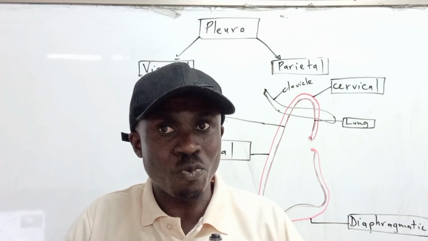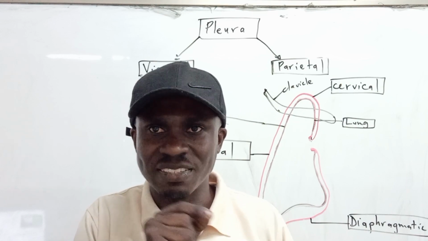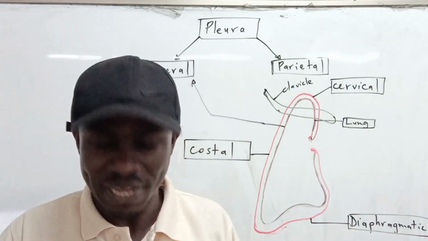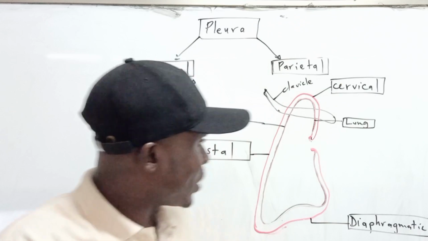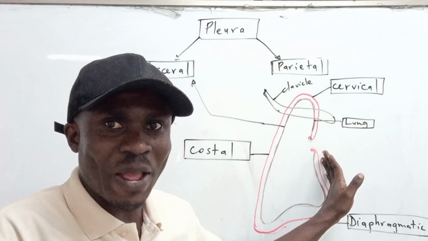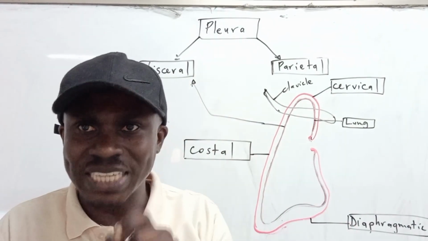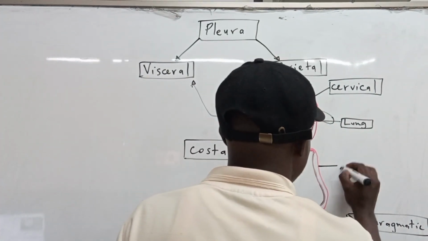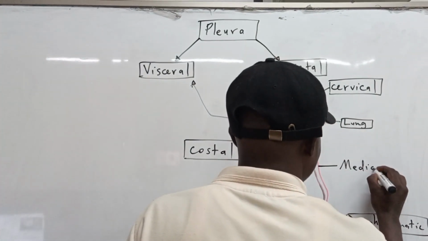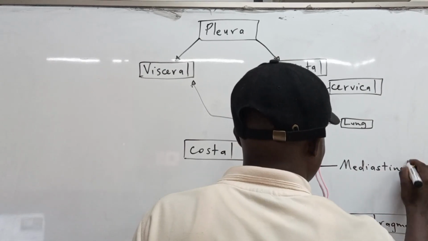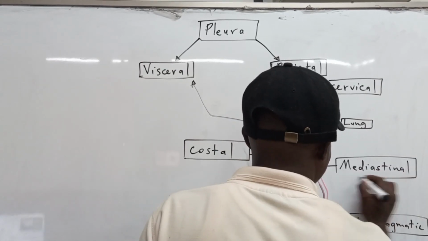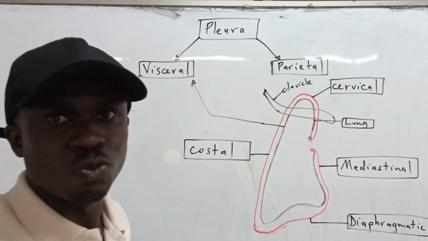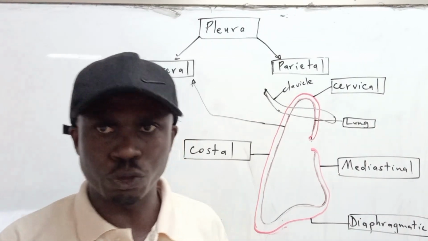We call it midway, and the name is mediastinum. And that is why this region of the pleura, which is very close to the mediastinal area, will be called mediastinal pleura. So my friends, over here, we have what we call mediastinal pleura. So these are the four main parts that I want you to know.